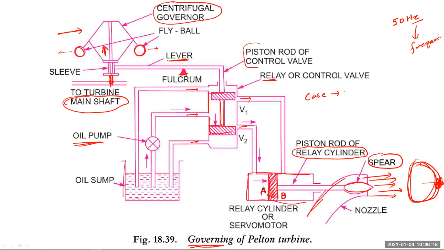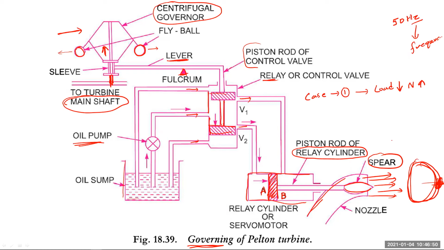Case 1, when the load decreases, then the speed will increase. We all know that. When the speed goes on increasing, it may go beyond your normal speed. But we need to keep this at constant speed.